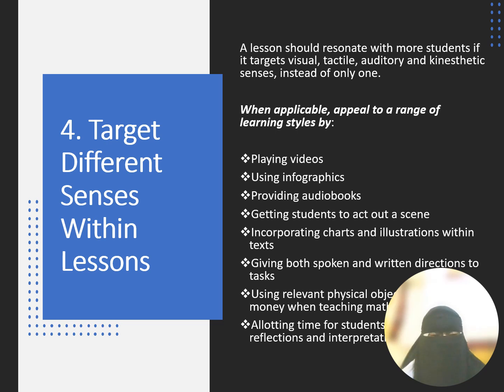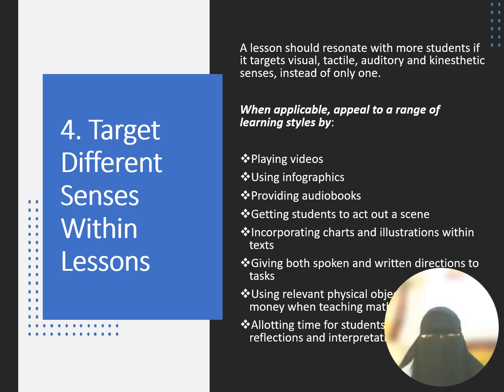When applicable, appeal to a range of learning styles by playing videos, which will appeal to the visual learners, use infographics, use audiobooks, get students to act out a scene, which will appeal to the kinesthetic learners. They want to move, they want to be actively involved. We can incorporate charts and illustrations within the text. We can give both spoken and written directions to tasks.